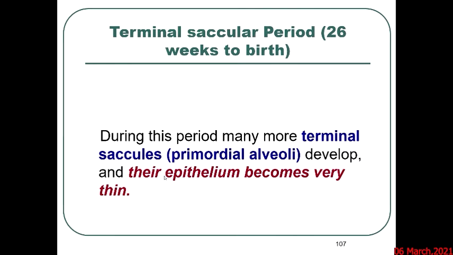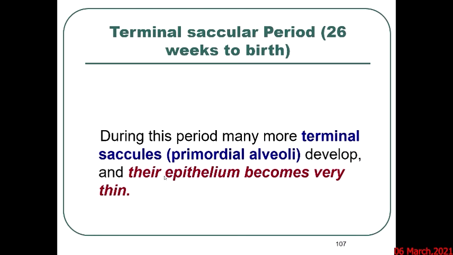During this period, many more terminal saccules are developed and their epithelium becomes very thin. This is very important. For respiration, the epithelium should be very thin. What is thin epithelium? Simple squamous epithelium.